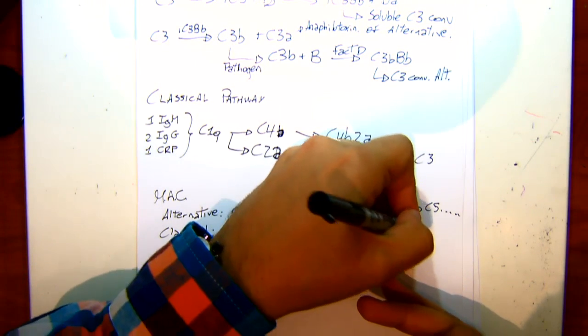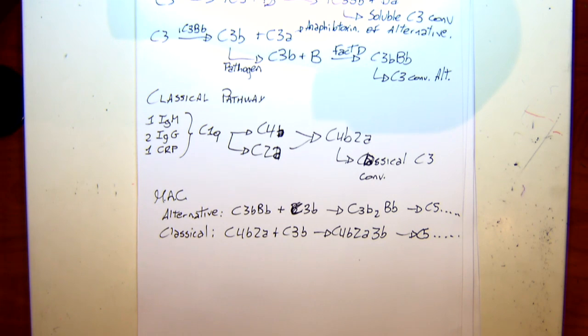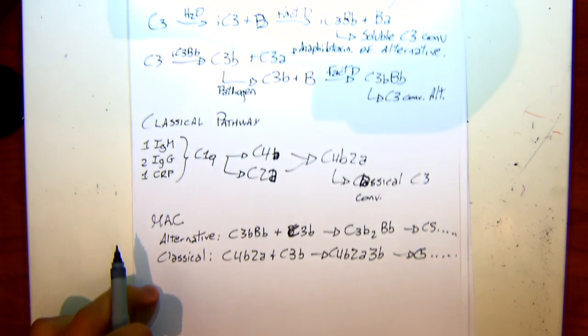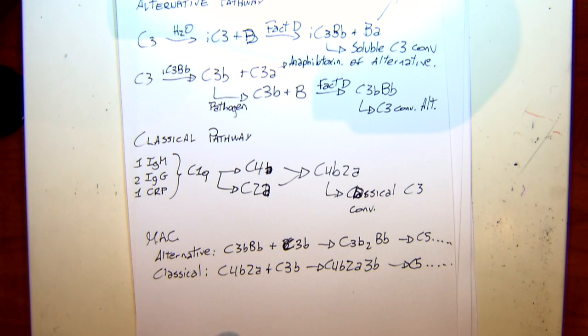And this will cut C5, which will recruit C6, C7, C8, C9, and so on. Make sense? Any questions? There you go. Cool. I'm keeping all these, and I'll put them over here, so at the end, if you don't catch something I write, you can just take pictures of it, okay? All right. Cool.